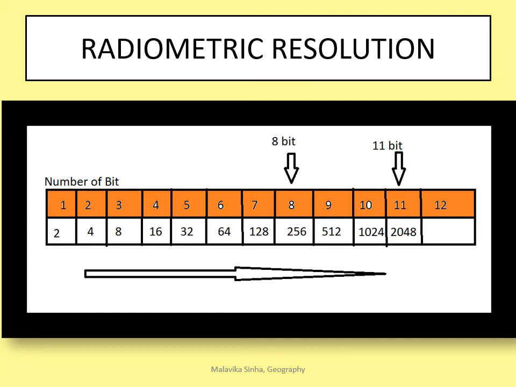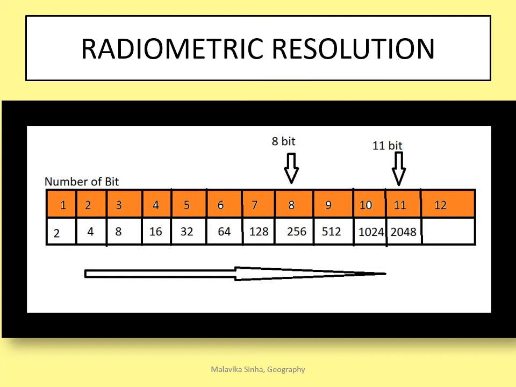Basically our clock system of seconds, minutes and hours is nothing but the division of a solar day. The reason behind that kind of division is the received EMR or received insolation. This is the basic principle followed in radiometric resolution.